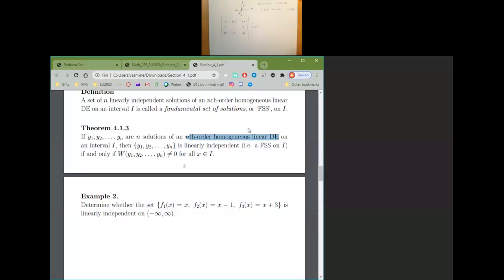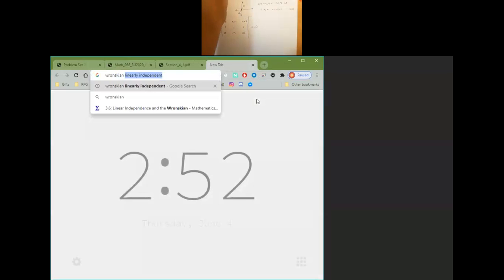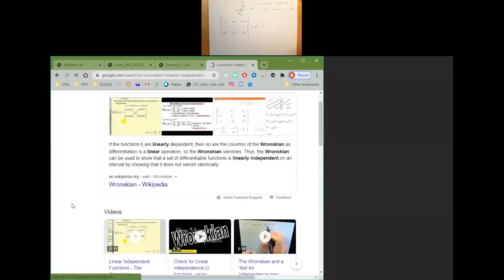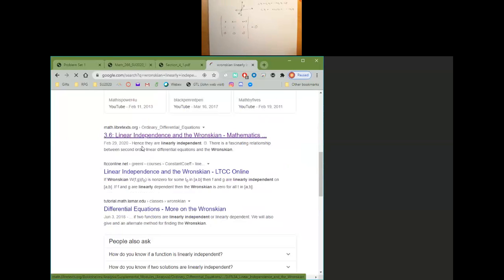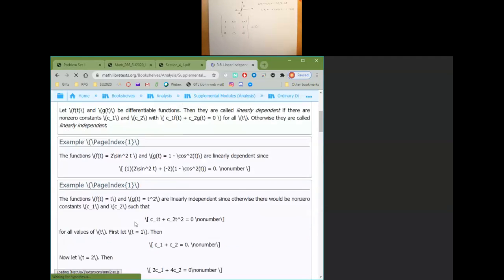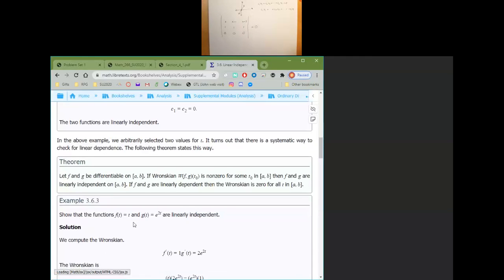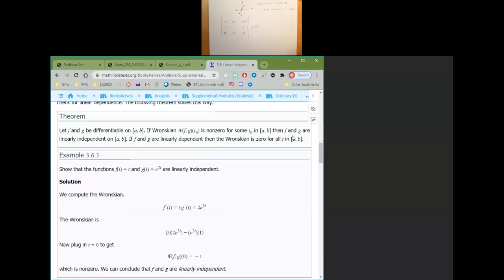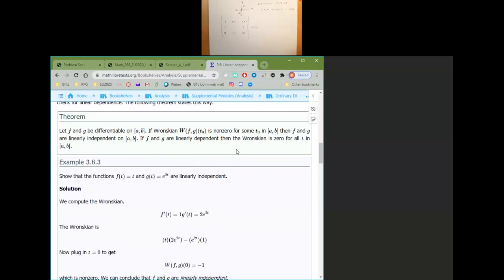Gotcha. Let's see if I can. Wronskian linearly independent. Yes, I had Googled this earlier. Yep, 3.6, linearly independence and the Wronskian. Here it is. Examples theorem. This is the general theorem.